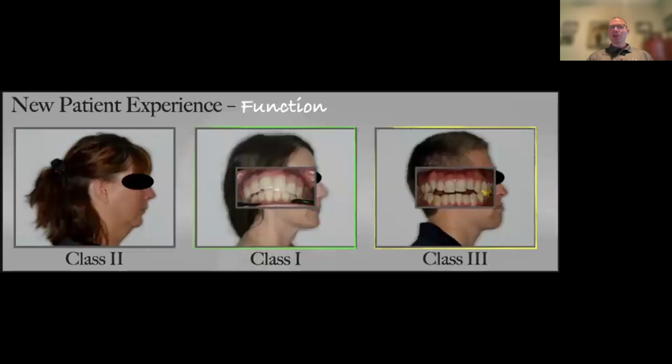And when I talk to my orthodontic colleagues, what they tell me is that 50 to 60% of the patients they see have some level of class 2 occlusion. And these are the most difficult to treat because they don't have anterior coupling. And when we don't have anterior coupling, you're losing stability. It can cause extrusion of the mandibular anterior teeth or the maxillary anterior teeth. It becomes difficult to get guidance in the ideal type of manner.